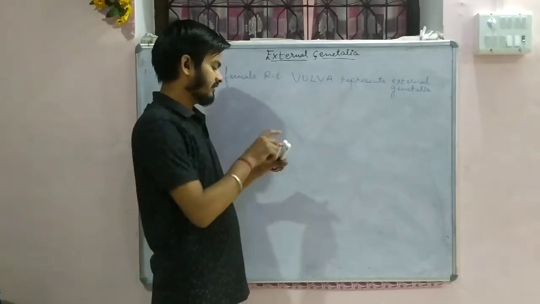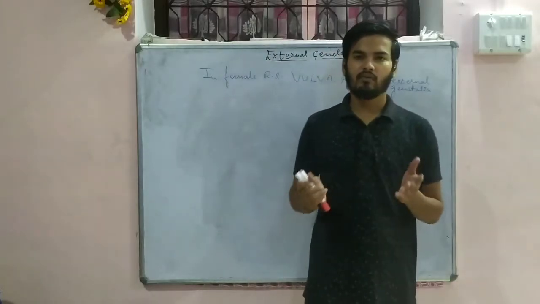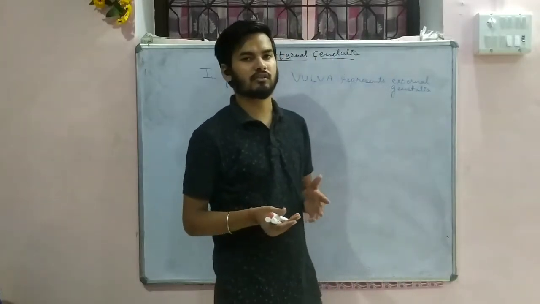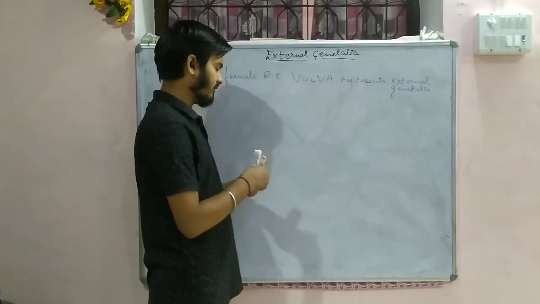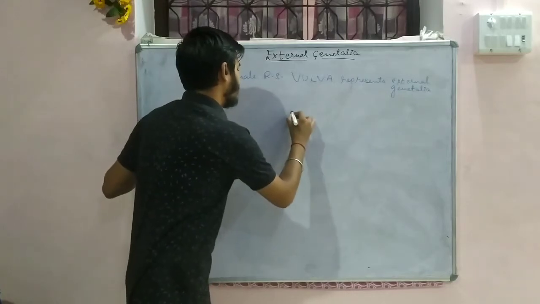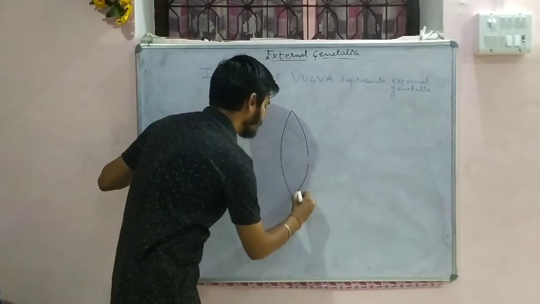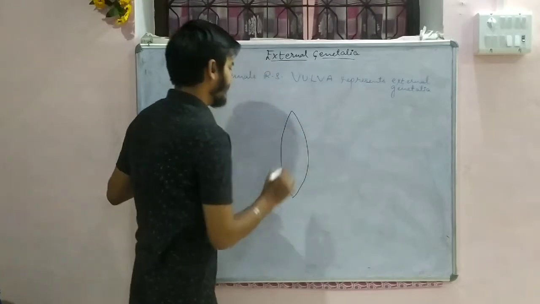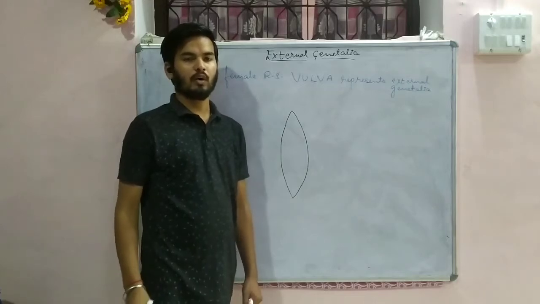So in vulva there is a depression. In the diagram you will see that in vulva there is a depression which is known as a vestibule. Suppose we want to draw vulva, then this is the depression in vulva, like this. This depression is known as vestibule.